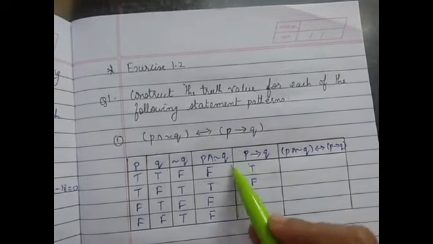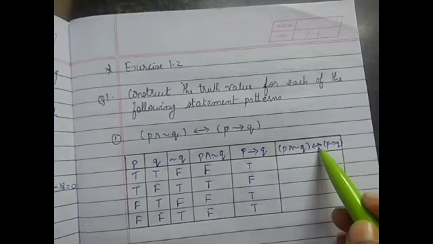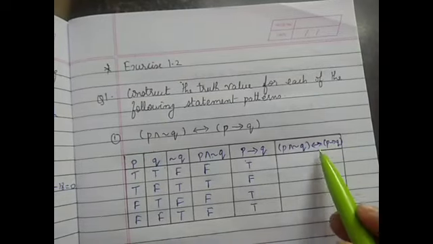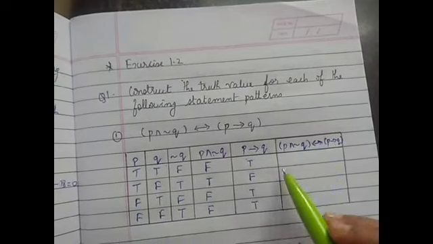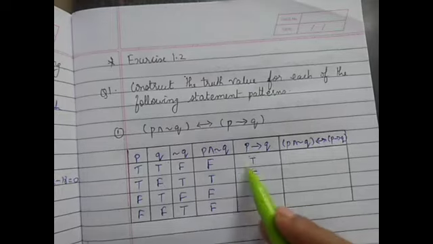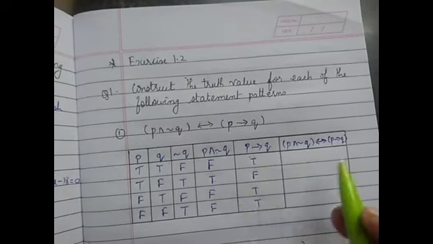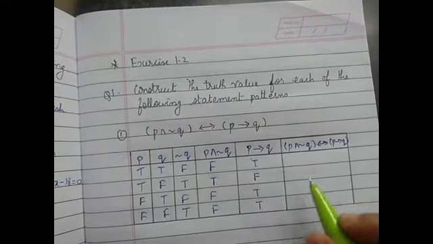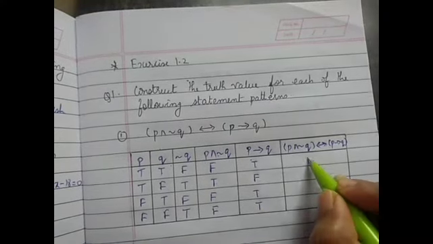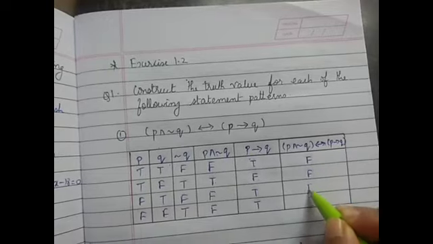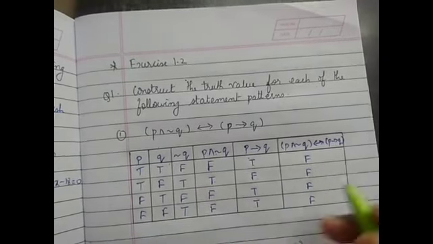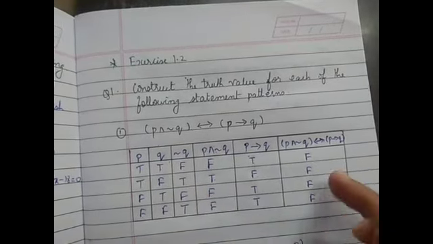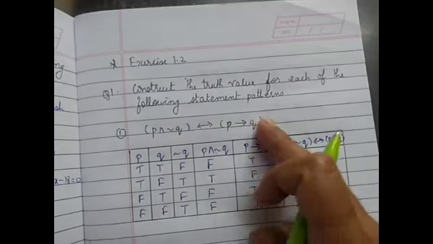In these two columns in between we have if and only if. So in if and only if we have to see TT, we don't have TT. We have FF, we don't have FF. So remaining values are F. So we have prepared the truth table for the given statement pattern.